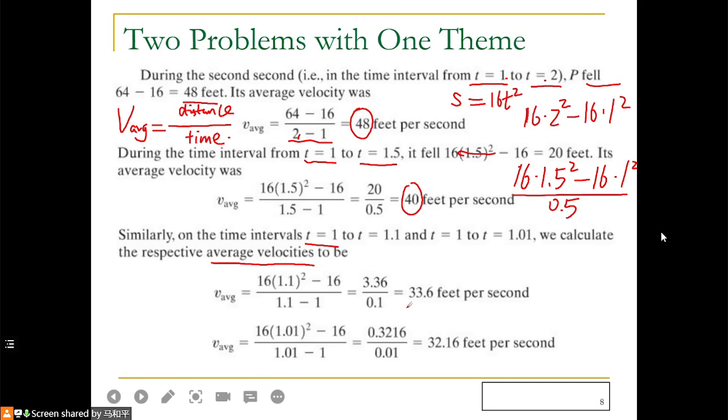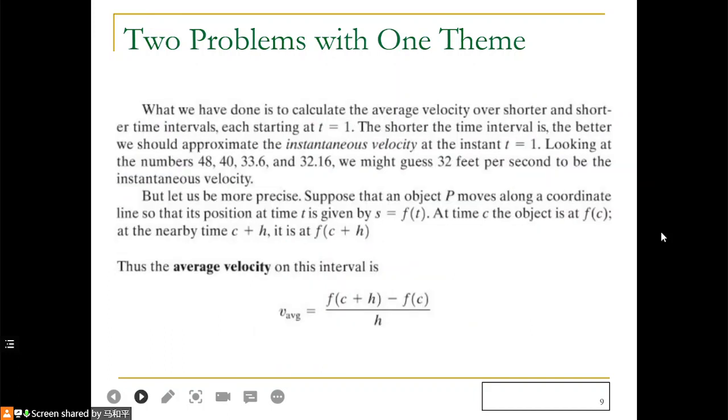So we can say only during this time the average velocity is 40, right? But we want to calculate here.